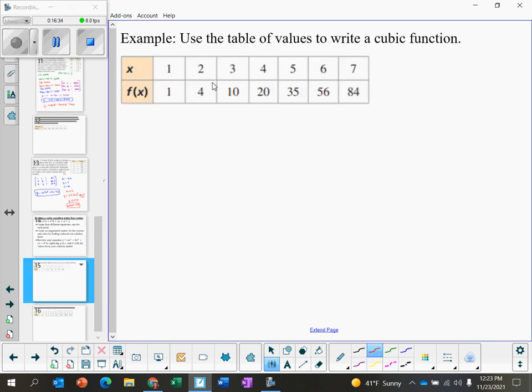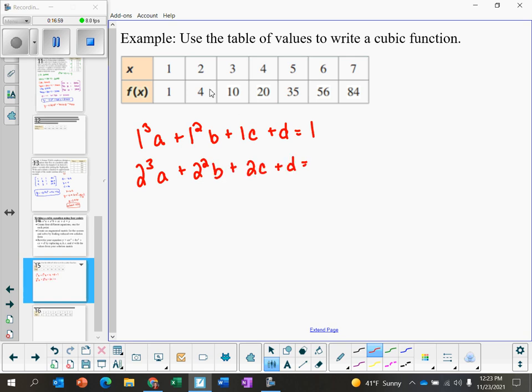All right, so here's some points. So if I chose to do 1, 2, 3, and 4, so that's 1 to the third a plus 1 squared b plus 1c plus d equals 1. Now we'll go to 2. 2 to the third a plus 2 squared b plus 2c plus d equals 4. 3 to the third a plus 3 squared b plus 3c plus d equals 10.